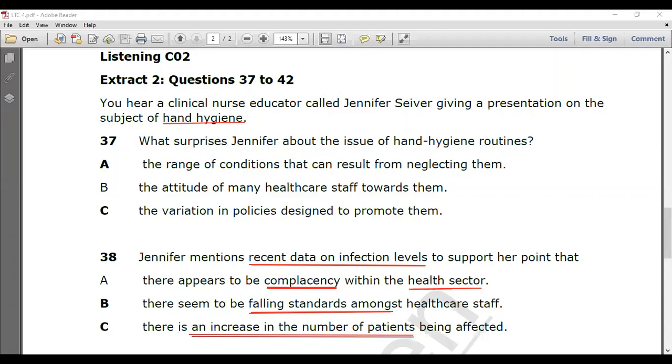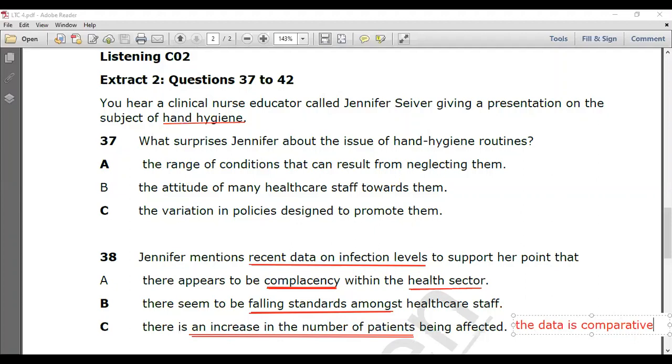So when can I use the term increase? If the data is comparative. If there is a comparison that in 2016 this many people were affected, but in 2017 this many people have been affected.